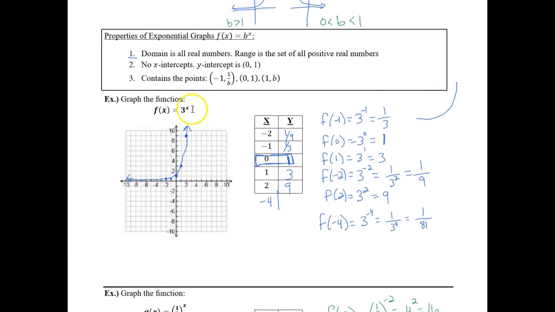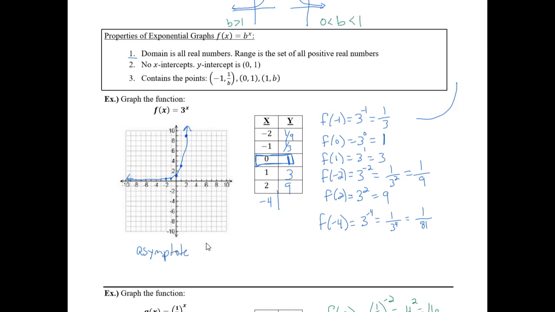So this didn't have plus or minus anything after 3 to the x. So it's never going to cross the x-axis. So that has what we call an asymptote. You'll learn more about that in other classes.